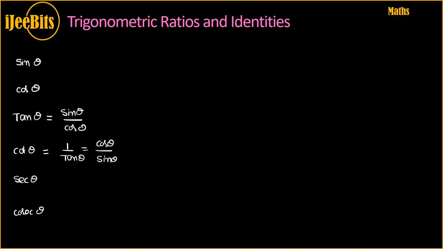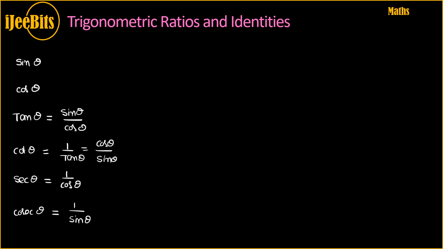We can draw from the above formula that secant theta is the reciprocal of cos theta. Similarly, cosecant theta is the reciprocal of sin theta. Very nice. So this we know, right?